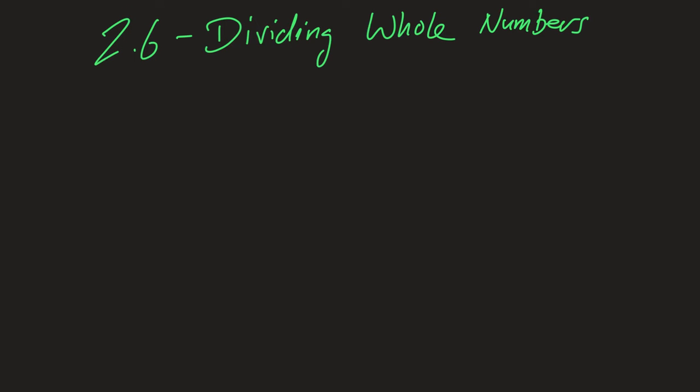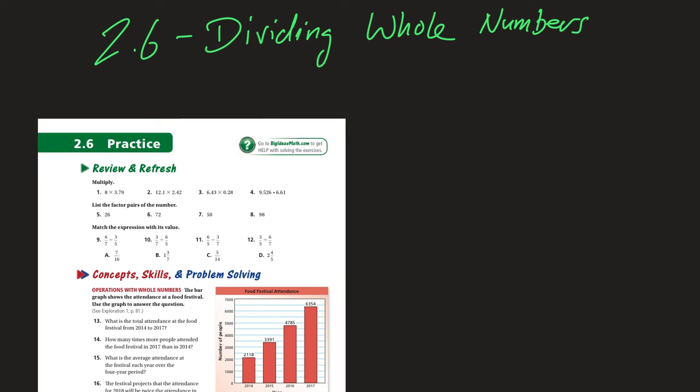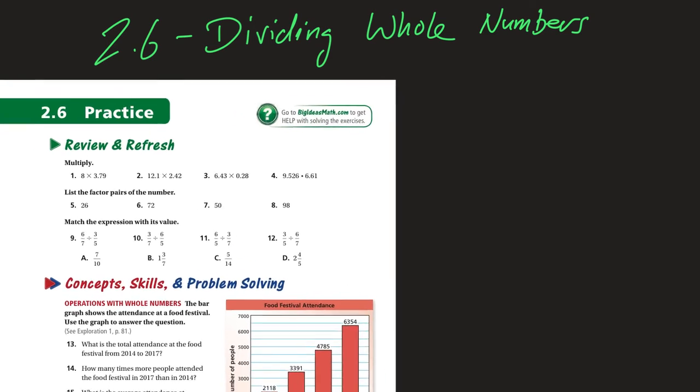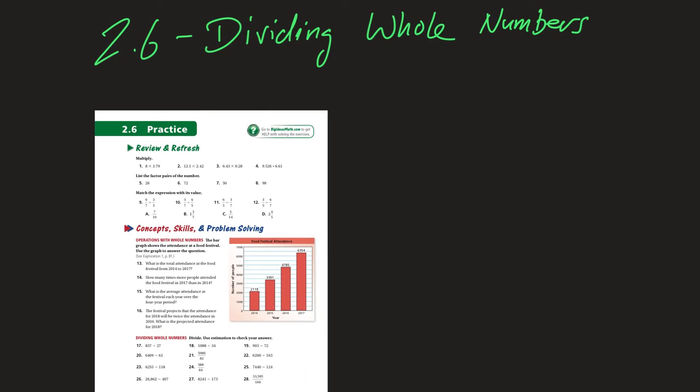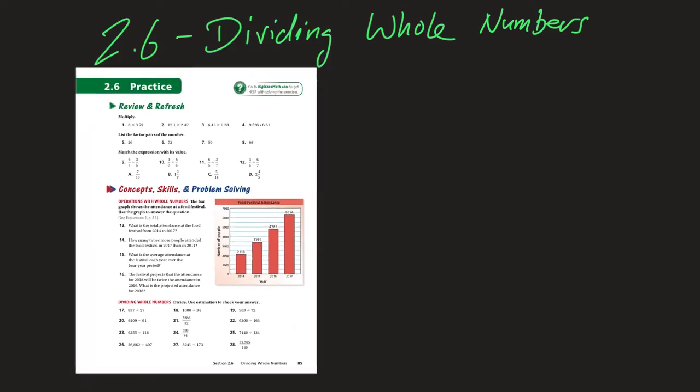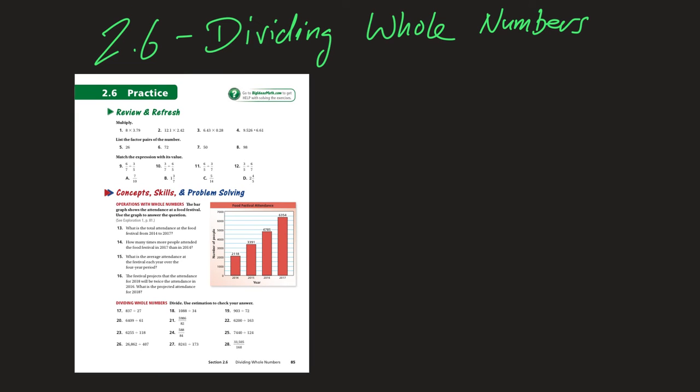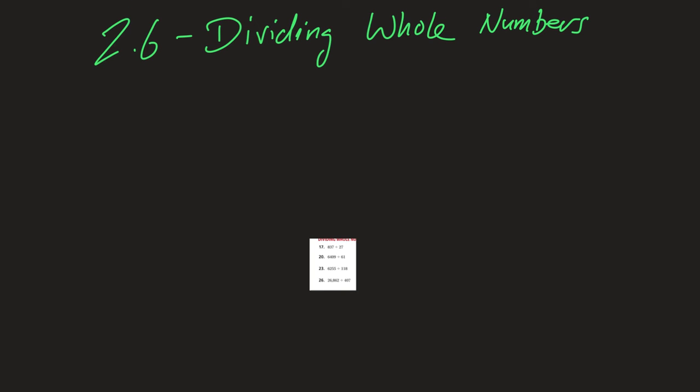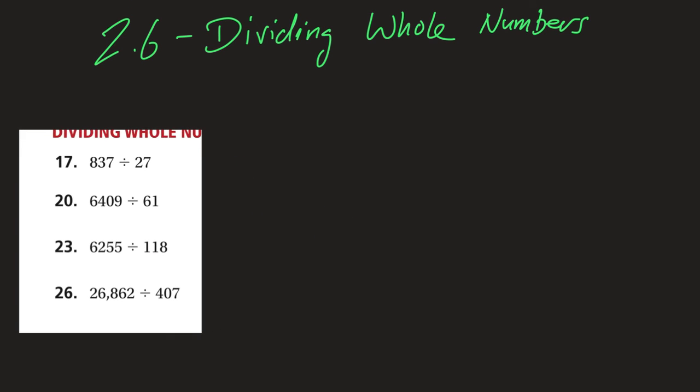So let's take a look at some division problems that you're going to be working with here. Let me make a copy of a couple of these. So for number 17, we have 837 divided by 27.